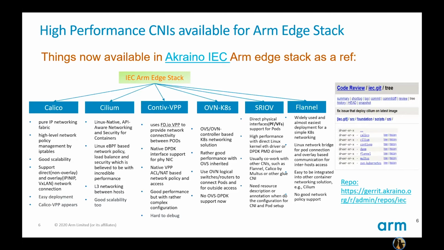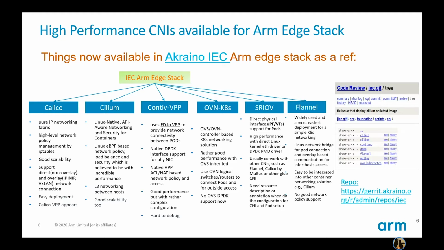For example, Calico provides a pure IP networking fabric, which can use an overlay-based solution or a direct routing-based solution for container connection. Cilium is Linux-native, API-aware networking and security for containers. It uses eBPF-based network policy for load balancing, security, and things like that.